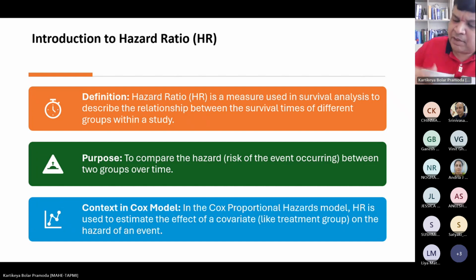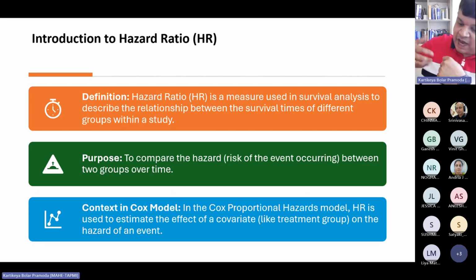Under that circumstance, the hazard ratio is where we are trying to see the decrease in hazard basically. Is the hazard related to treatment geometrically more than the hazard related to non-treatment?